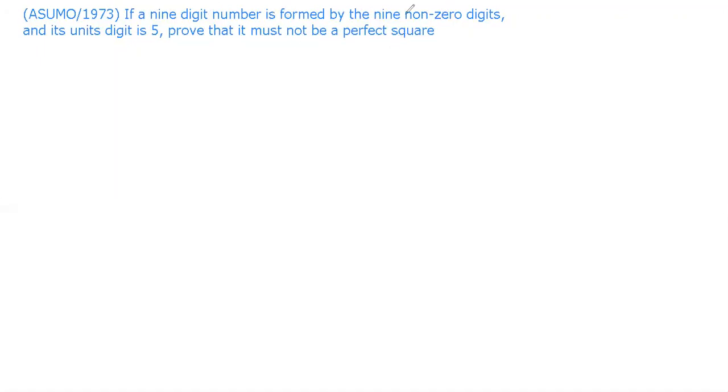Now, from the information stated above, we can use 1 to 9 and not 0 as a digit, and the unit digit of that number must be 5. We can clearly notice that when a number has n digits, its square always has 2n minus 1 or 2n digits.